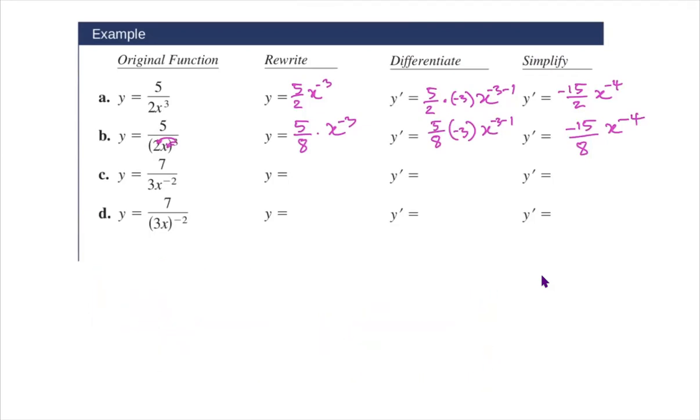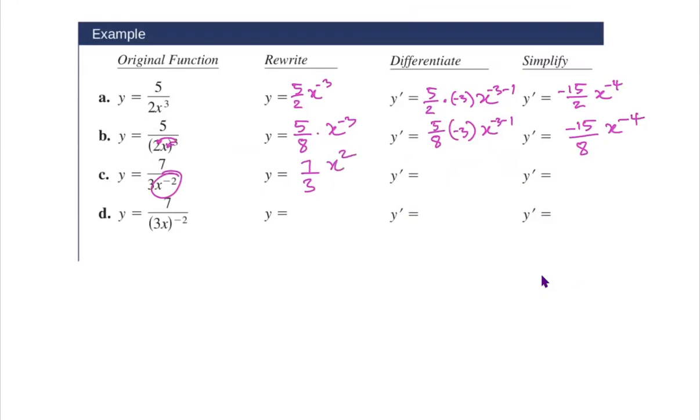The next example: the rewritten expression is 7 over 3 x to the power negative 3, and the negative 2 in the denominator would move up to be x to the power 2.